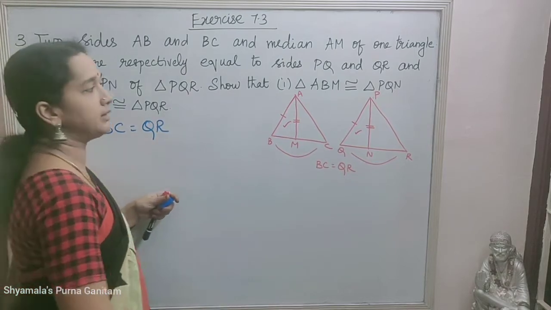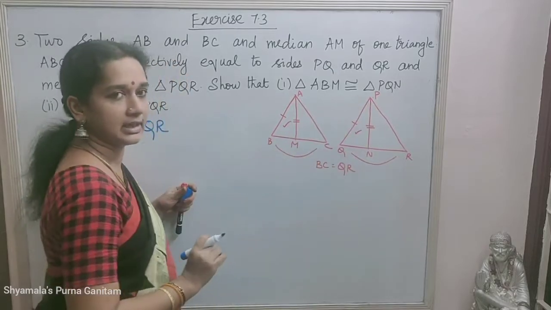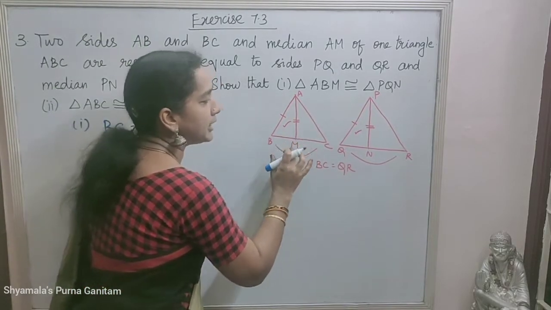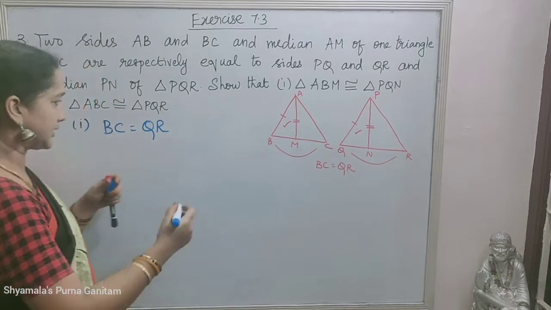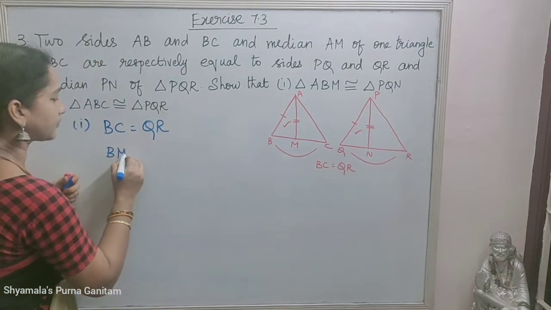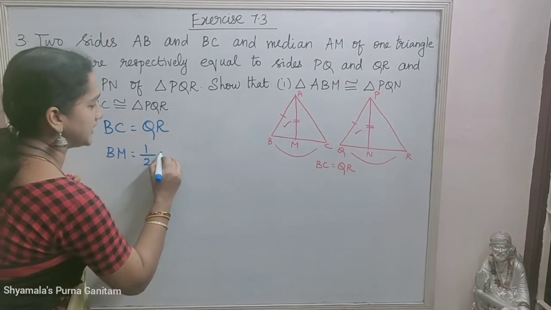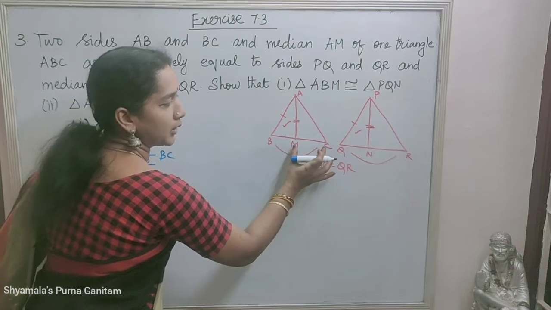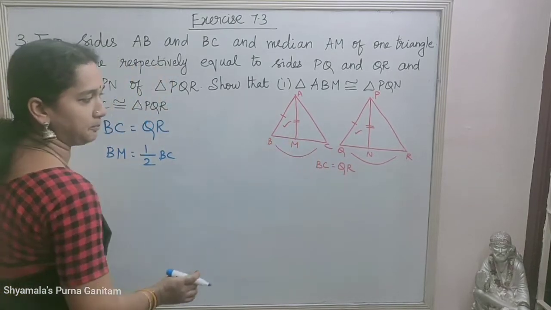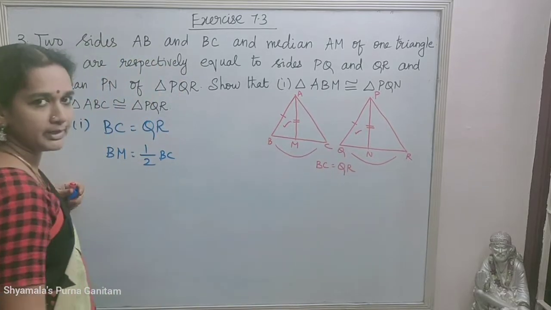So median means this is the median, AM and PN is the median. So M is the midpoint of BC. So we can write BM is equal to half of BC, since BM is equal to MC, that is, since this M is the midpoint.